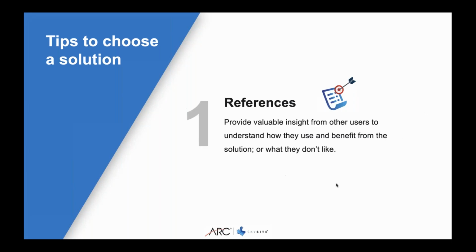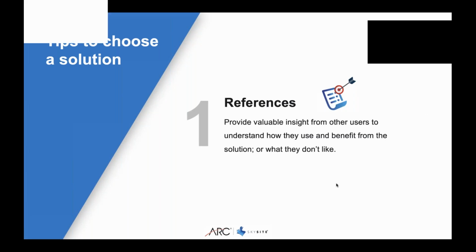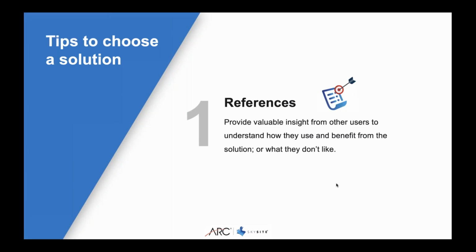So we're going to go ahead and jump right into it, some suggestions and tips for choosing a solution and evaluating software. The first tip here is reinforcing the importance of references. So speaking with other end users about how they use the software, the benefits that they get from it, and so on, really provides critical insight into the true capabilities of a solution. This is what I often call the trust but verify technique.